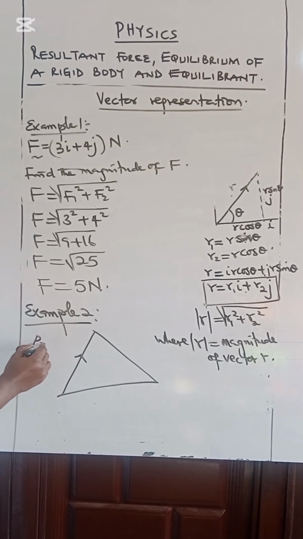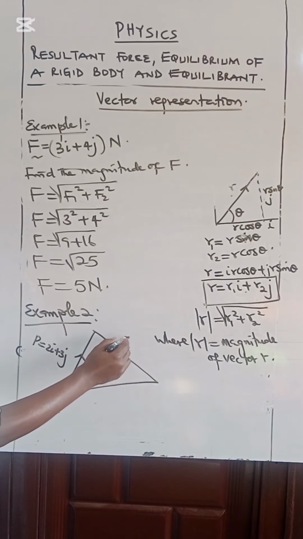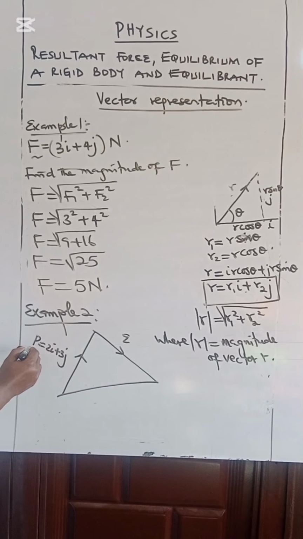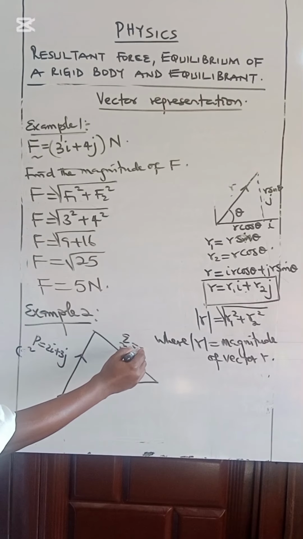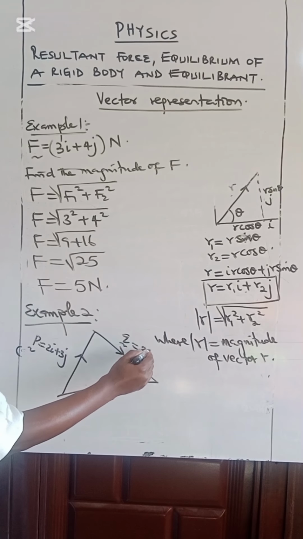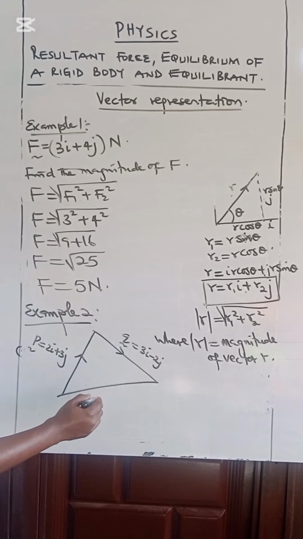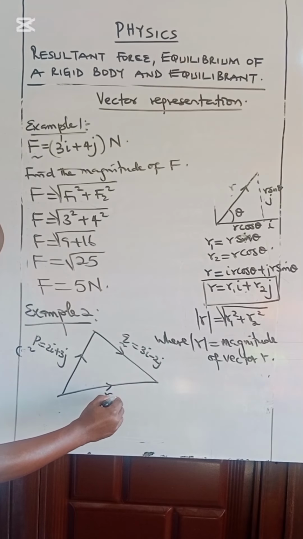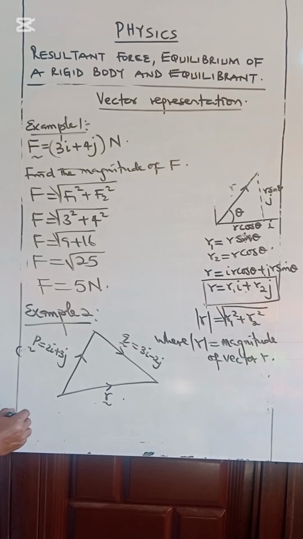They call it P, 2i plus 3j. Vector Q is 3i minus 2j. And vector R is unknown. You have to find vector R.